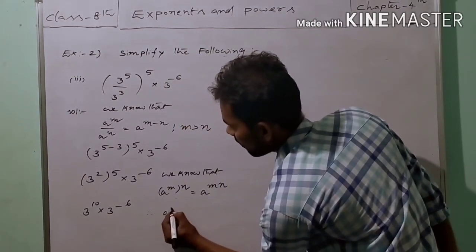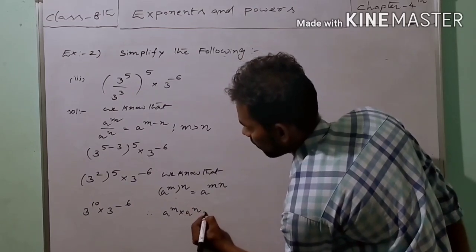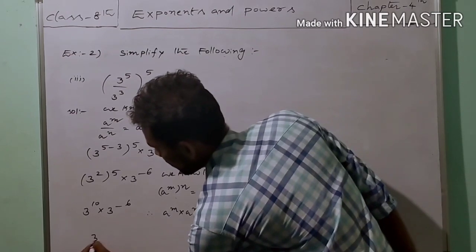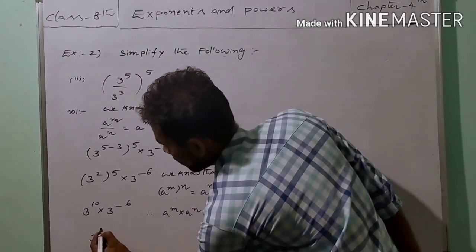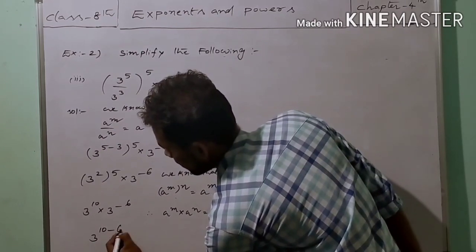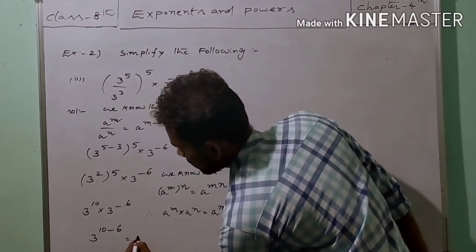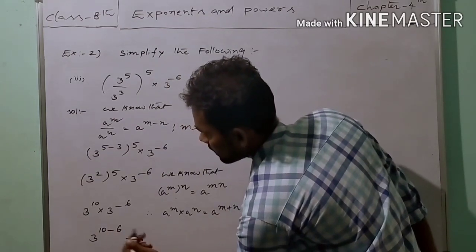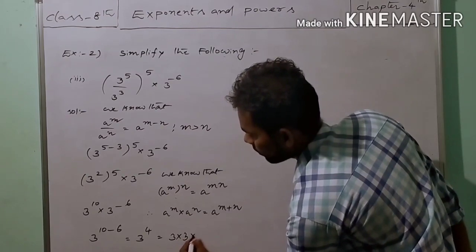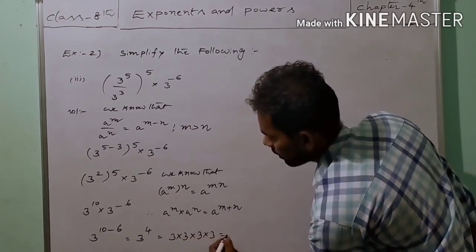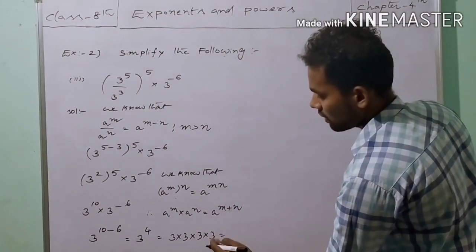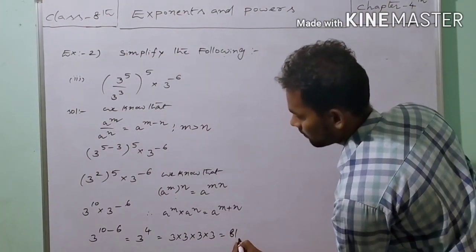Therefore, a power of m into a power of n equals a power of m plus n. 3 power of 10 plus minus 6 equals 3 power of 10 minus 6, equals 3 power of 4, equals 3 into 3 into 3 into 3. 3 threes are 9, 9 threes are 27, 27 threes are 81.